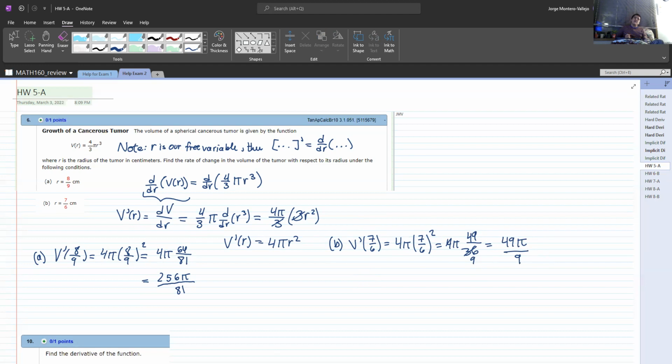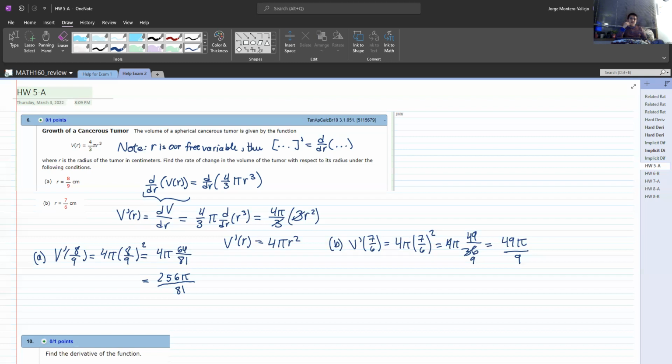Right now, if we are worried about the units, well, we're looking at the rate of change of the volume. Well, the units for volume are centimeters cubed, right?